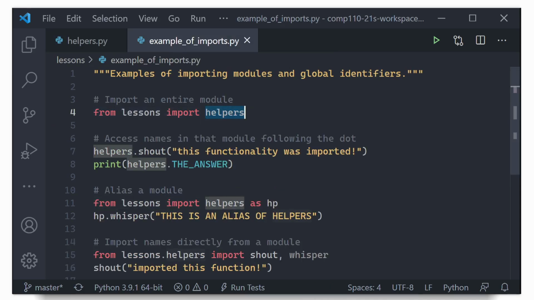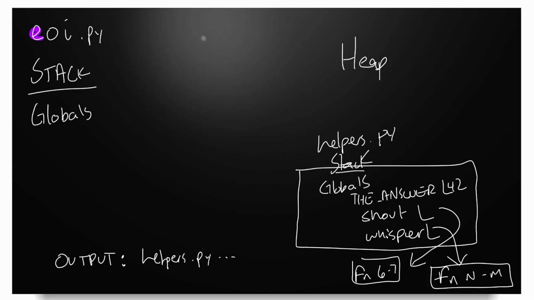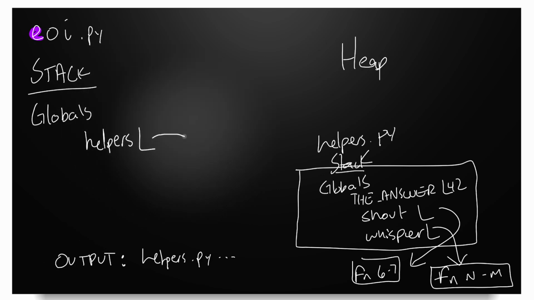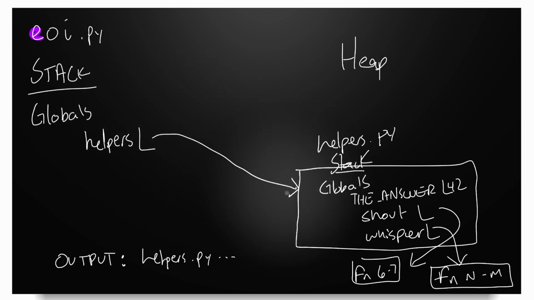All right. So what happens here? So the intuition is after we go and import from lessons this whole module, what happens in this example of imports globals is there's now a name helpers that is accessible in the globals frame of this stack in this py file, and it references the globals of the imported module, right?